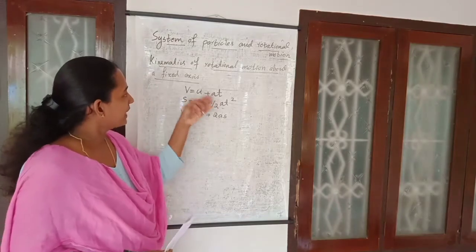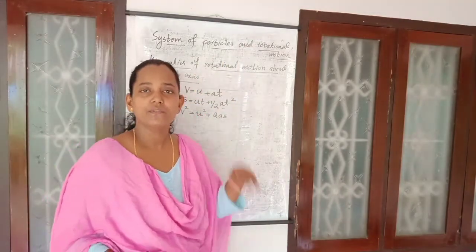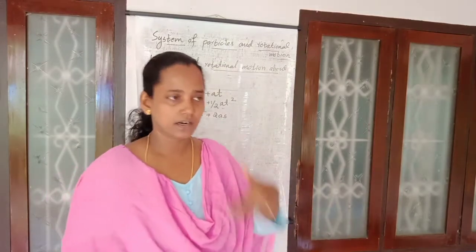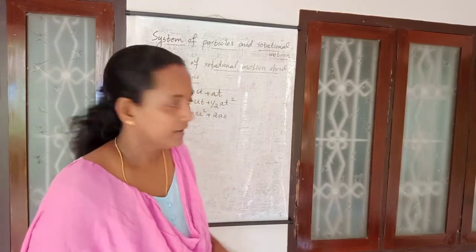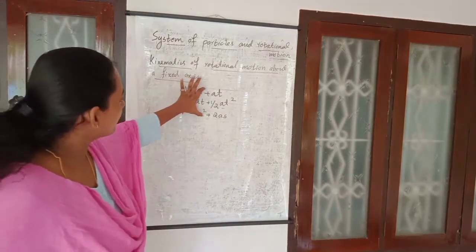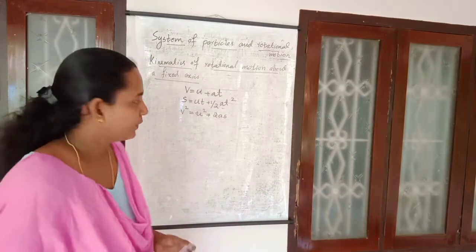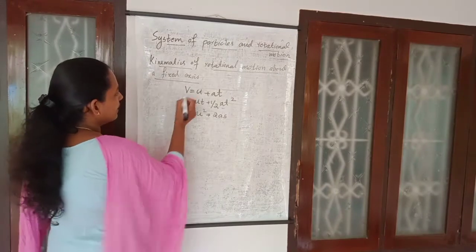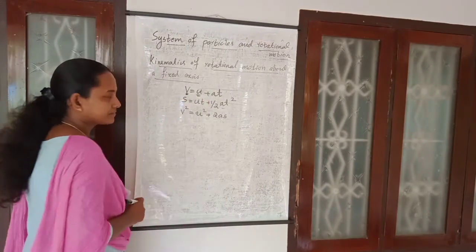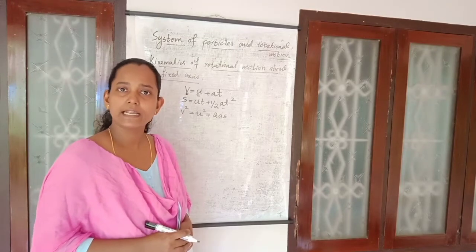Whenever we want to write these formulas in terms of rotational motion of a body, we consider the rotational analog of linear motion. These are the terms we usually use in the case of an object in linear motion, where v and u stand for the velocity of a body in linear motion.